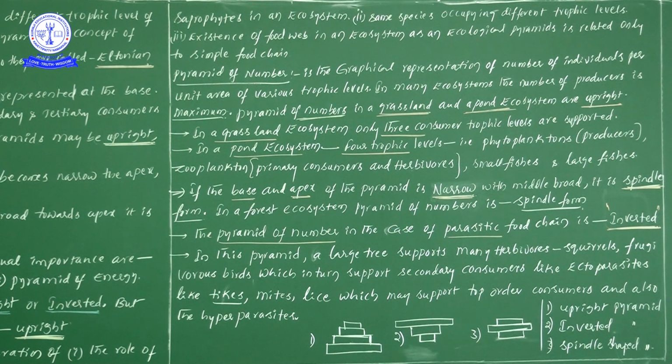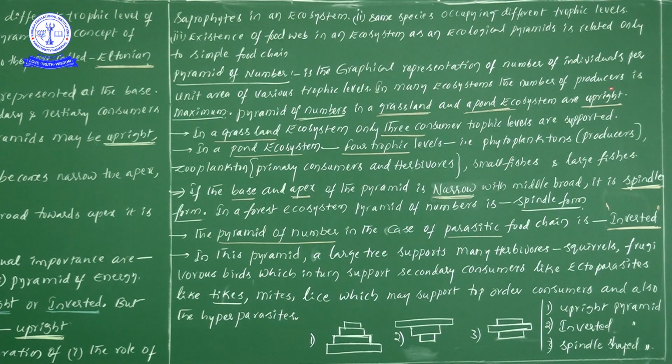Okay, so let us see different types of examples. The pyramid of numbers in grassland and pond ecosystems. My examples are important, so try to concentrate on these examples. Pyramid of number point of view, grassland ecosystem and pond ecosystem, there an upright pyramid is present. So what is the point we can understand?